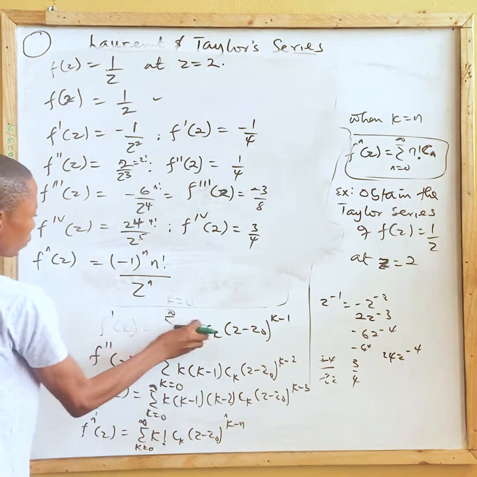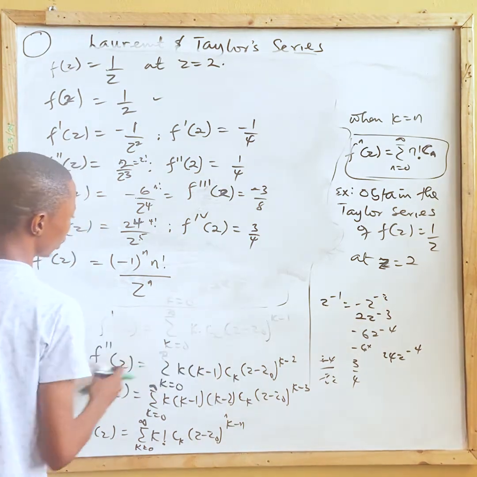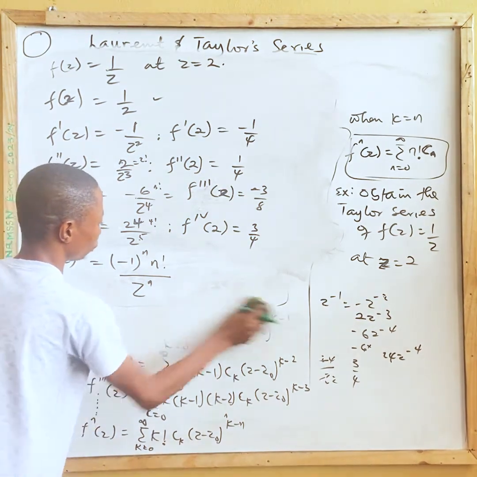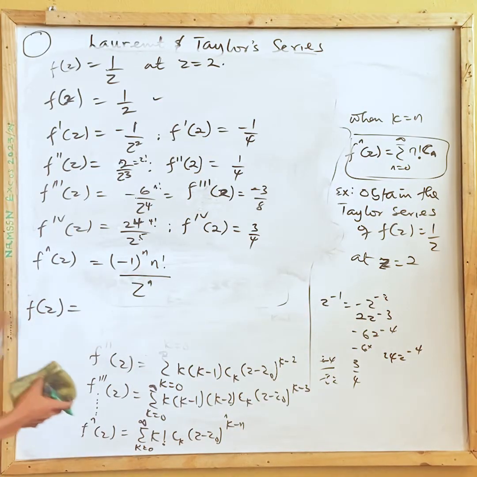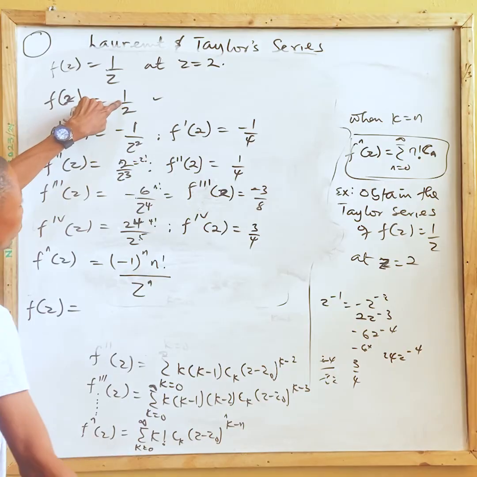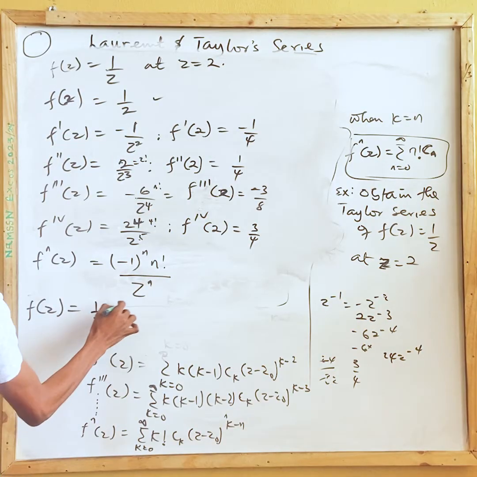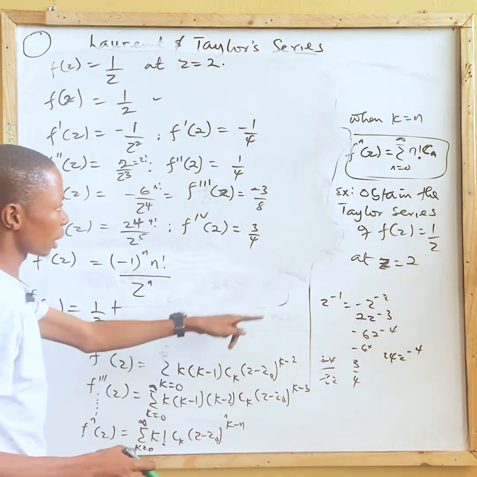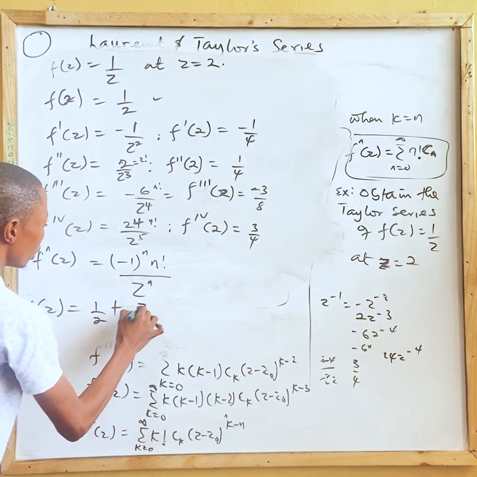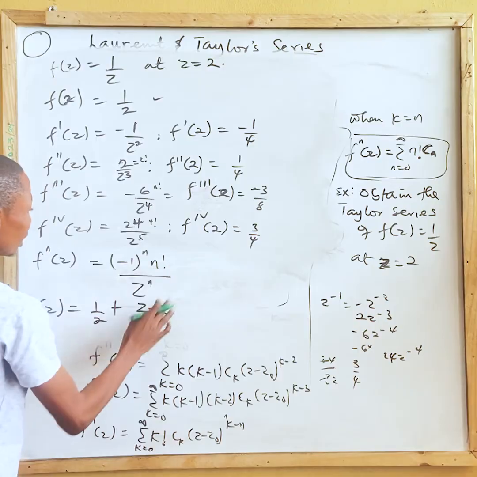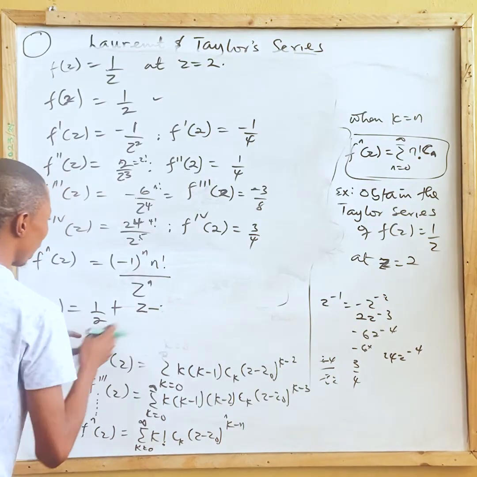So if I now want to write my Taylor series out, it will just be f of z. My f of z equals the first one, which is 1 over 2, plus z minus z naught. Our z naught is 2, that's z minus 2. But let me write the formula first.